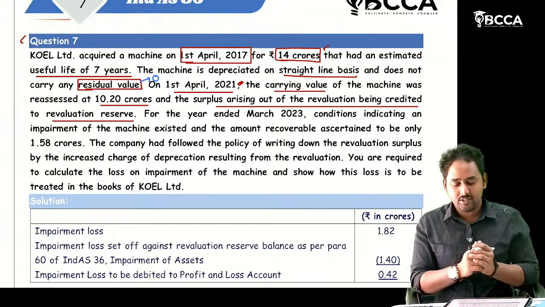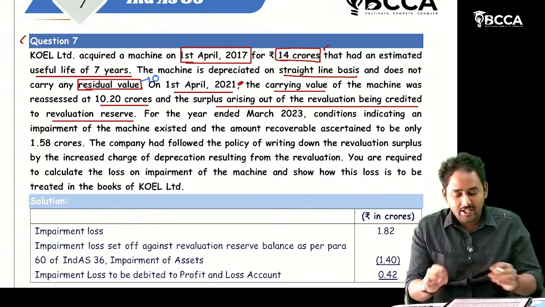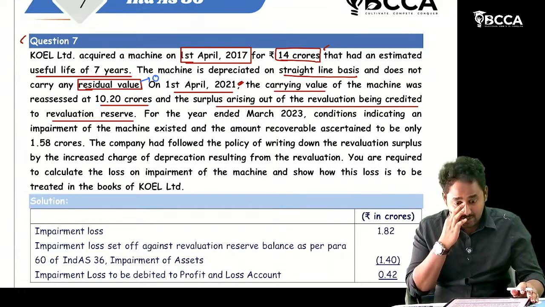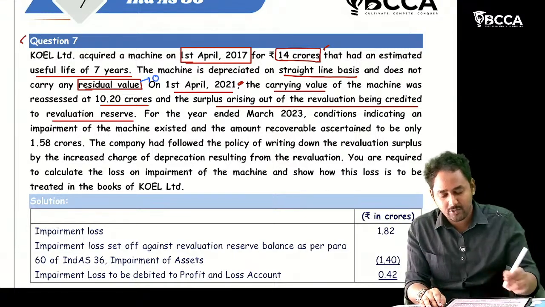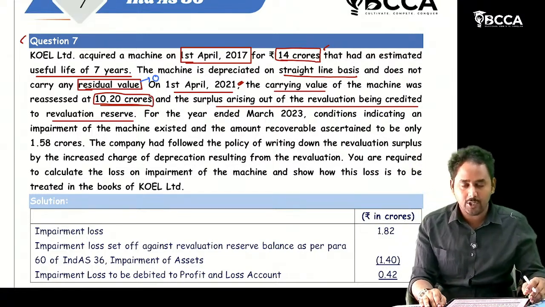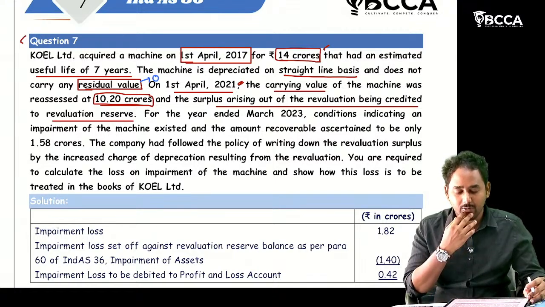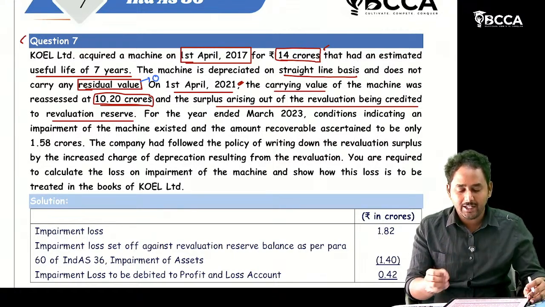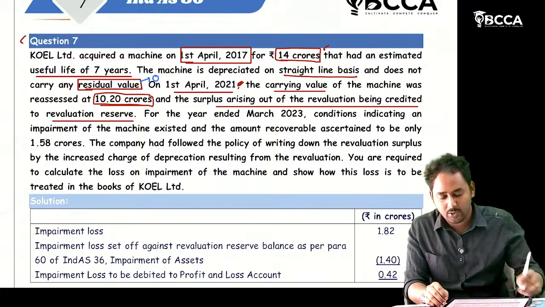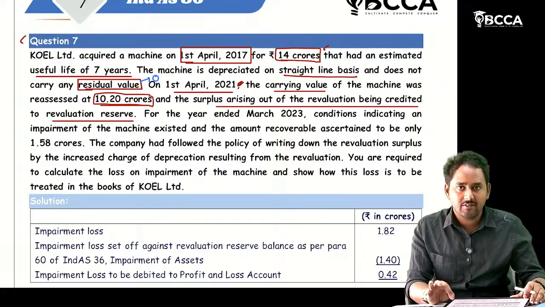So what is given on 1st April 21? The carrying amount is reassessed, meaning the revaluation was done on 1st April 21. So the fair value of the machinery as on 1st April 21 is 10.20 crores. First I need to find the opening carrying amount as on 1st April 21 before the effect of the revaluation.